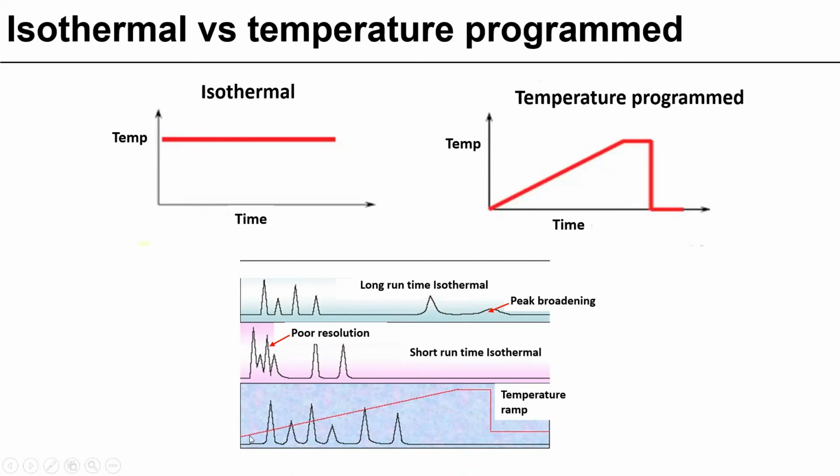Oftentimes, both of these problems can be solved by using a temperature ramp program. So down in this bottom panel, you can see all of these peaks have now been separated because we've achieved a balance between the total runtime and the separation of the peaks based on starting at a low temperature and ramping up to a high temperature.